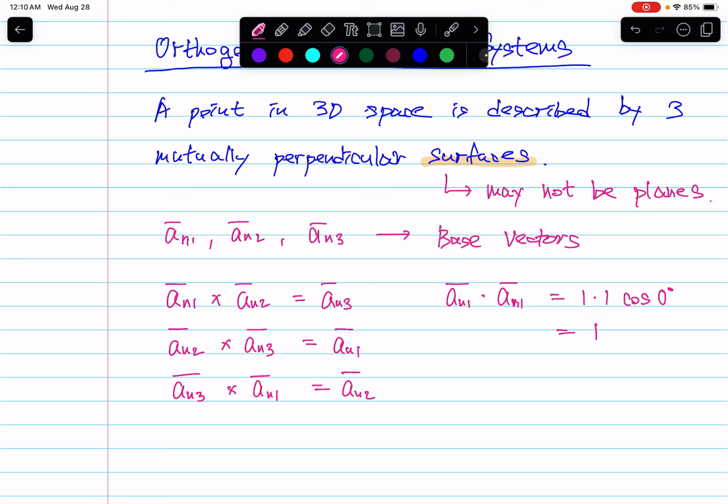Okay, but if you do an inner product of any other base vector, so if you, for instance, do a_n1 dot product a_n2, that becomes 1 times 1 times cosine 90 degrees, because a_n1 and a_n2 are orthogonal. Okay, so since cosine 90 is 0, this whole thing would be 0.